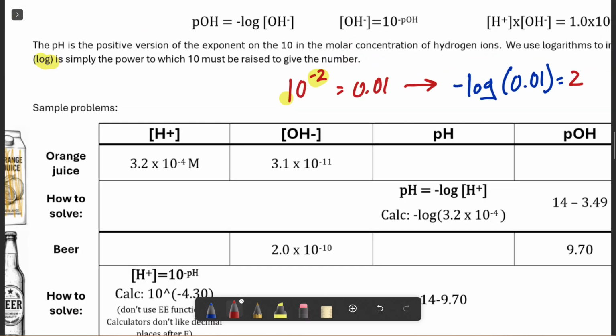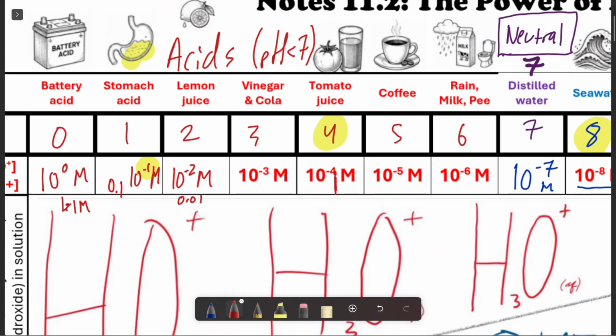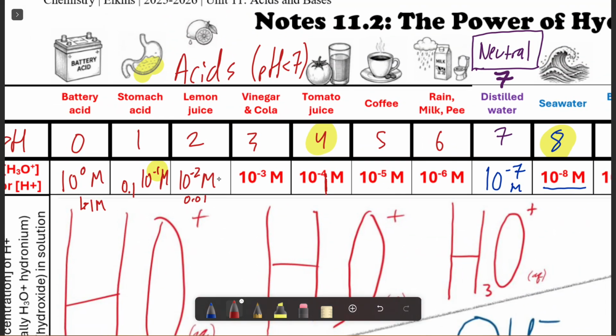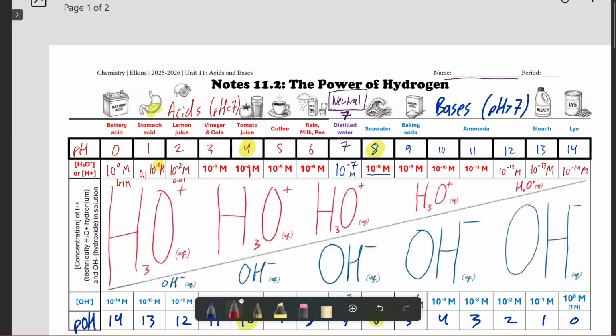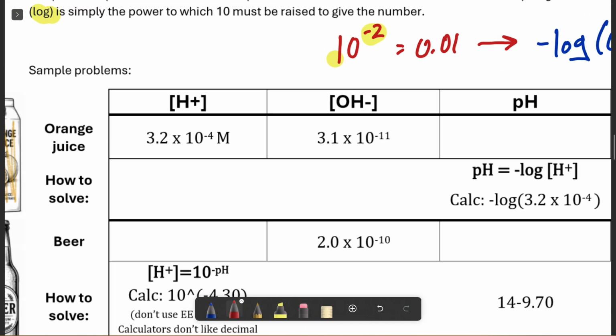I don't just say 10 to the -4, and that's because these up here are kind of estimates. Like lemon juice isn't exactly 10 to the -2. It's actually going to be some number times that, like maybe 1.2 times 10 to the -2. So these numbers are going to look a little more complicated than just 10 to the -4. We actually have scientific notation.